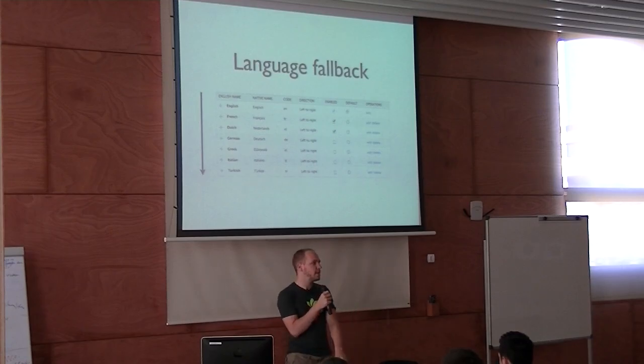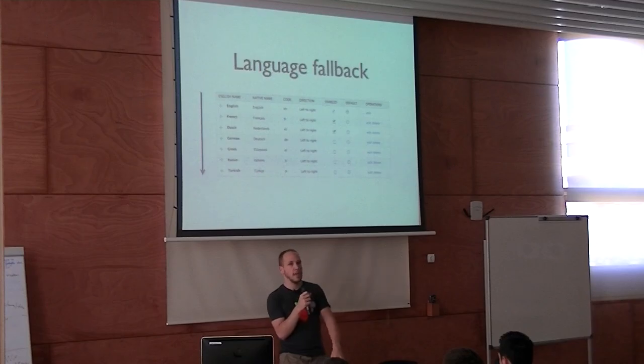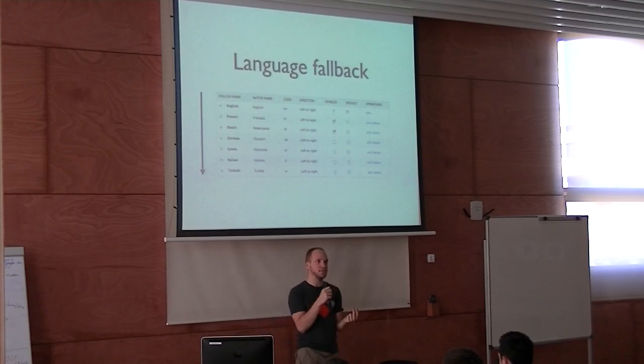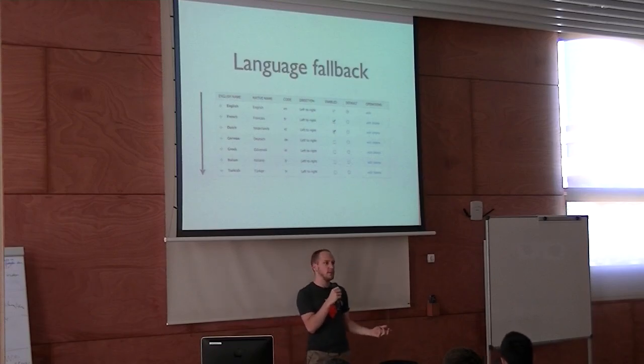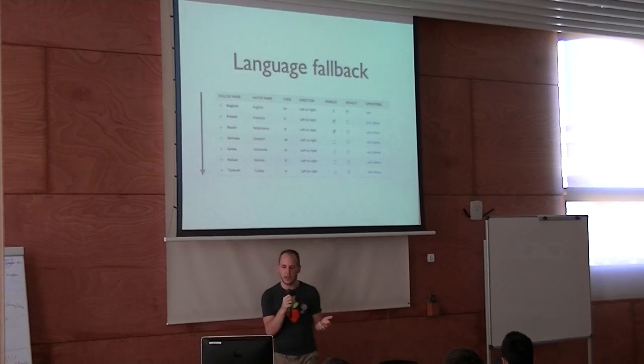A good example of that is a product catalog that we did for a customer, and they had their catalog translated into 2 languages, but they also had the rest of the website with just some static content that was translated in 7 languages. And if we had used the regular translation model, pretty much the people using the 5 remaining languages would not have seen anything from the catalog.